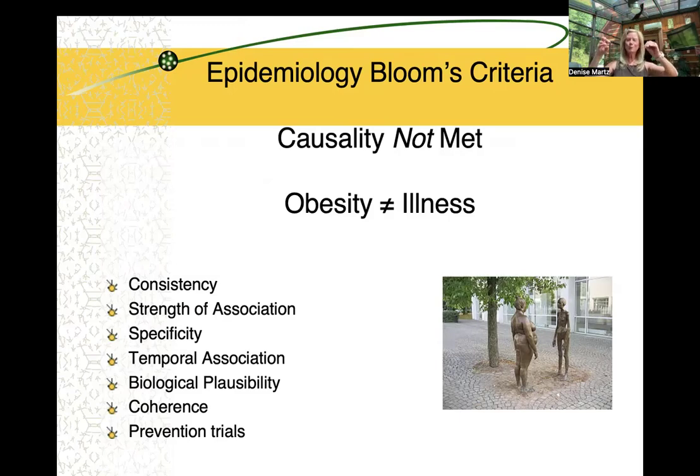The problem with the idea of prevention trials, like I've said, we've done really good work at helping people lose weight. We have done so poorly at helping people keep the weight off over time that we just don't cleanly, the prevention trials don't work.